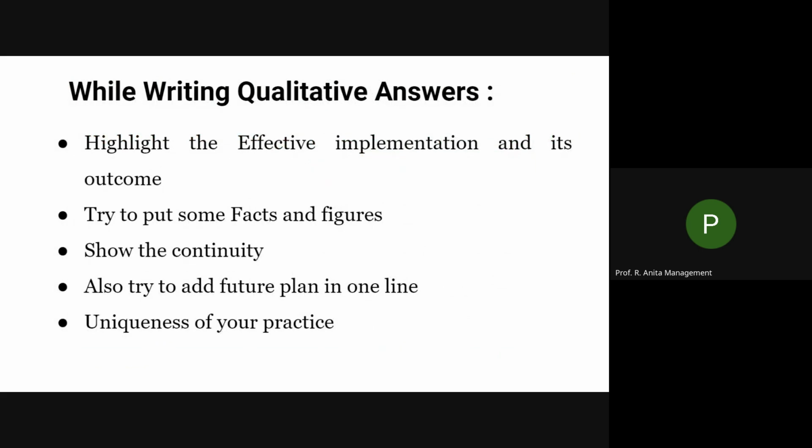Now, while writing the qualitative answers, you need to highlight how it is being effectively implemented in your institution, and its outcome needs to be reflected in the qualitative answers. We need to put in facts and figures rather than just writing theoretically, right? And you have to show that flow continuously in the answer to that particular question.